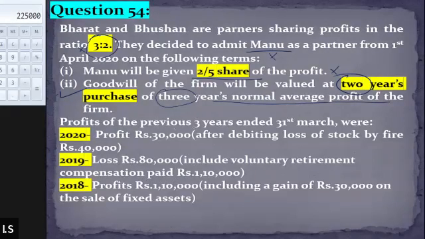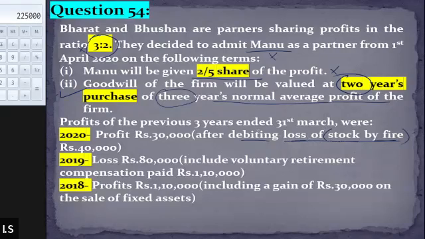But in the year 2020, profit was 30,000 after debiting a loss of stock by fire. Now see, if you are able to recall, I've told you that loss of stock by fire is not the normal loss of the business. This will be considered as an abnormal loss, and abnormal loss should not be subtracted so as to determine the normal profit.